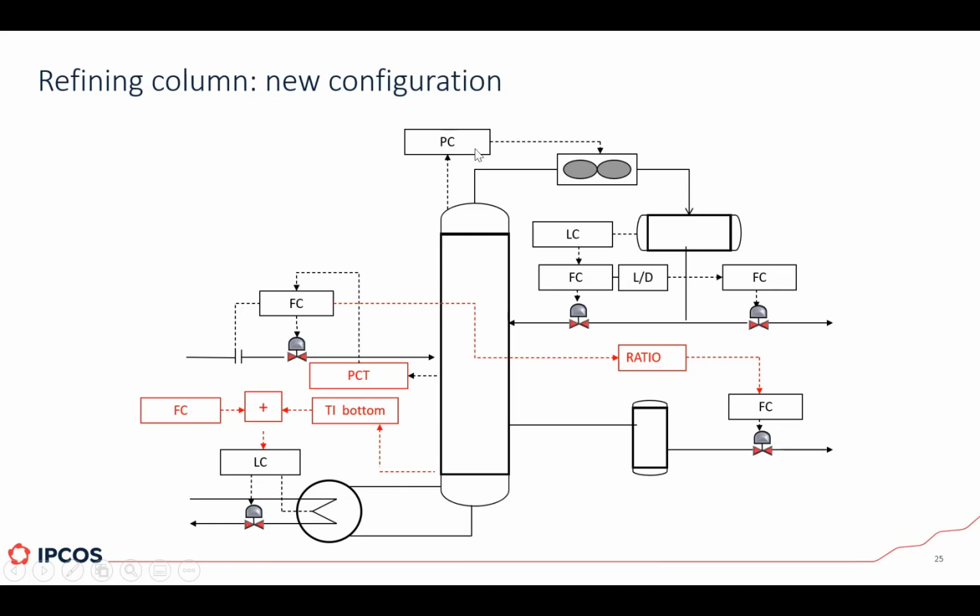It's within an acceptable range, but the pressure fluctuates during the day. Especially at midday, in the afternoon, the pressure increases significantly, and then at night it reduces a little bit. The problem is that if you have a floating pressure in your column, then the temperatures themselves are no longer a representation of the composition.